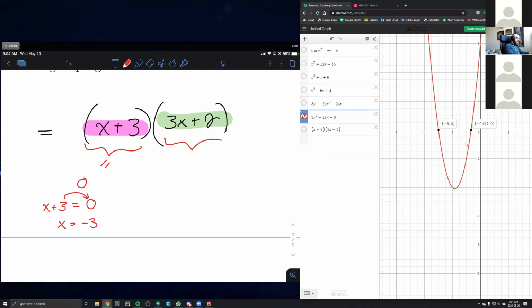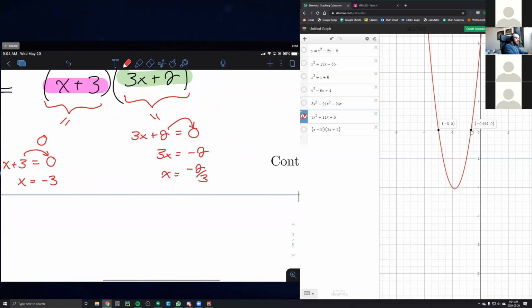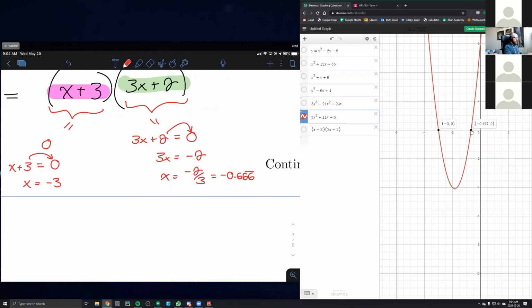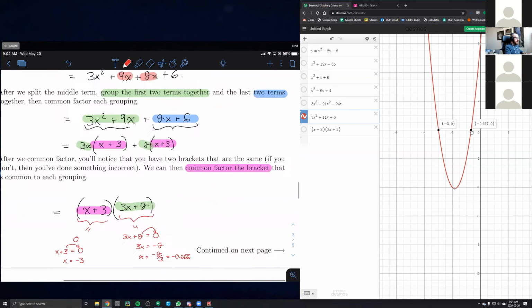Similarly, if we set the second bracket equal to 0, so 3x plus 2 equals 0, then if we move the 2 over, 3x equals -2, or x is equal to -2/3, and that's where we get the -0.6667, -0.666 repeating. Okay. And so that's where those two x-intercepts come from. Does anyone have any questions about this process?